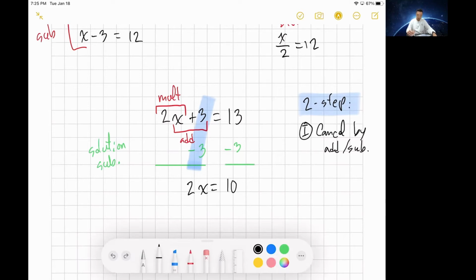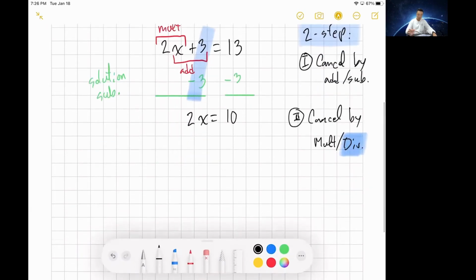Okay. Now we can go ahead and cancel out the multiplication relationship. So the second step will be cancel by multiplication or division, depends. In this case, since the relationship is multiplication, I'm going to cancel by division.